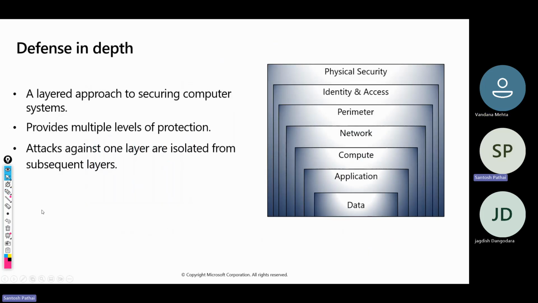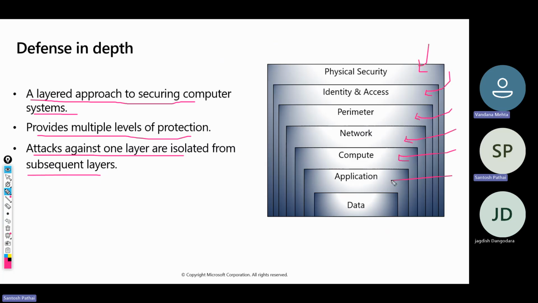Then we have the concept of defense in depth. It is a layered approach to securing computer systems, which provides multiple levels of protection, and attacks against one layer are isolated from subsequent layers. So we will be defining the security at each layer. First we have the physical security, whether the user is allowed in our premises or not. Second, identity and access management. Third, we will ask the user to land in the perimeter network, the DMZ network. Once it is permitted, the user will join the LAN.